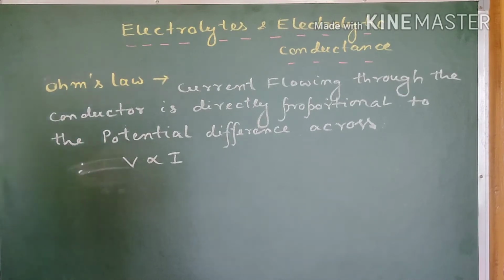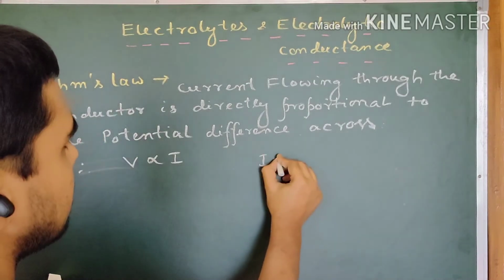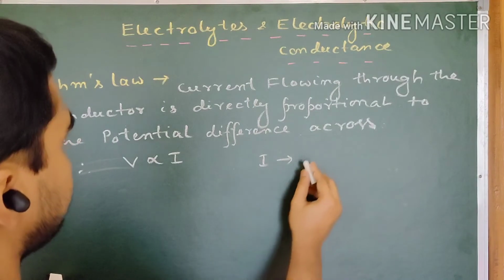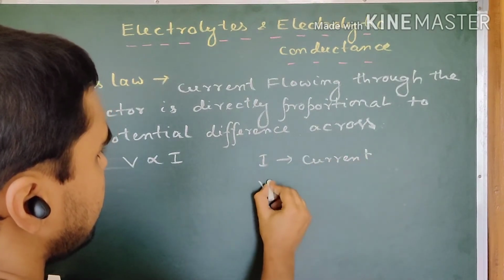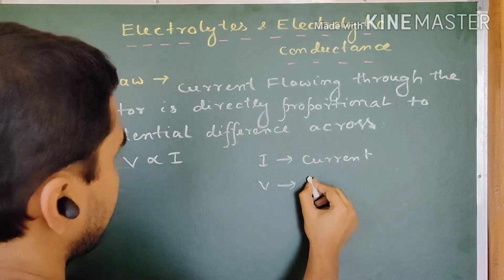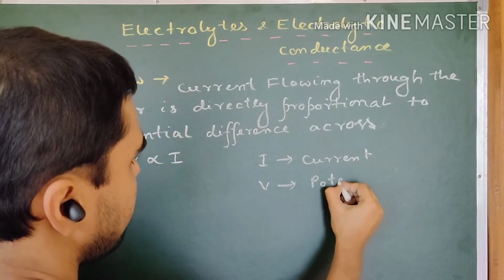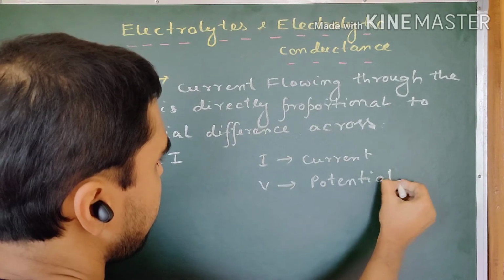Now, obviously, here I is the current and V is the potential difference.